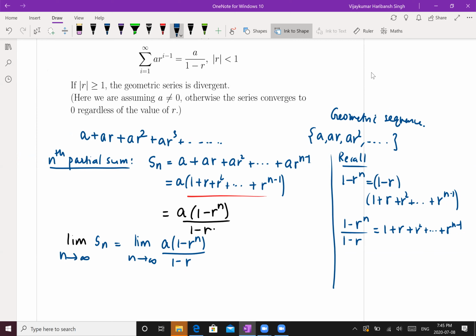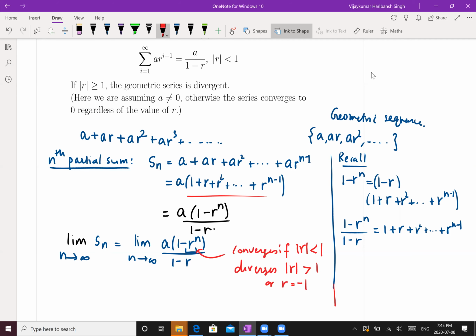Now, you know that R to the power n converges when the absolute value of R is less than 1, and diverges when the absolute value of R is greater than 1 or R equals negative 1.